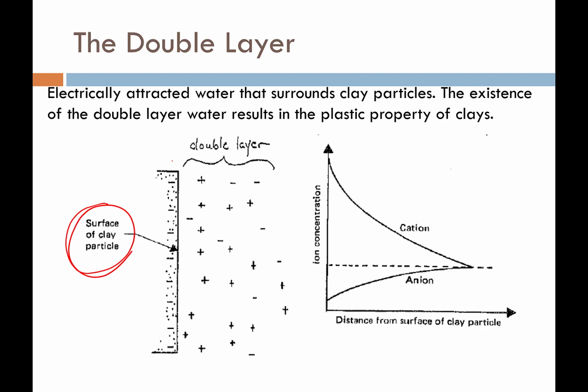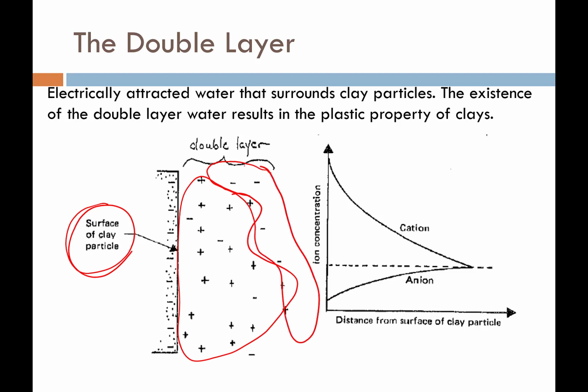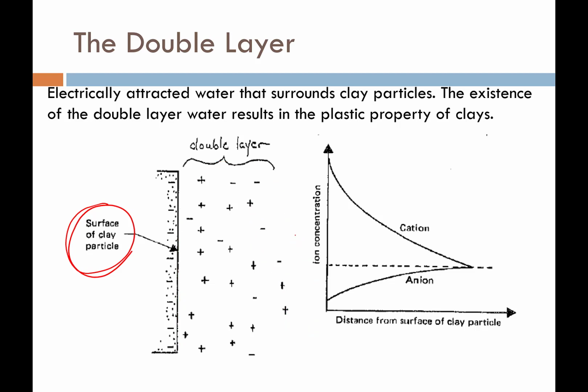So that's what happens. If you have any free floating or any free available cations, they're going to come to the party. Cations are net positive charged ions. They're going to come and get attracted to those negative charges. And then, because you have now all this positive charge, this cloud of positive charges, that's going to attract a cloud of negative charges that are going to come and attach themselves to the positive charges.